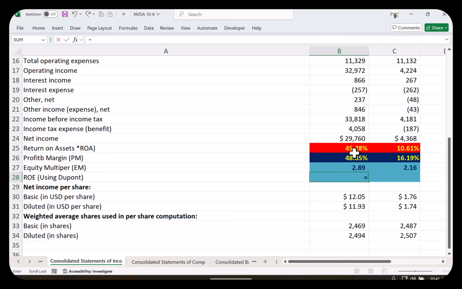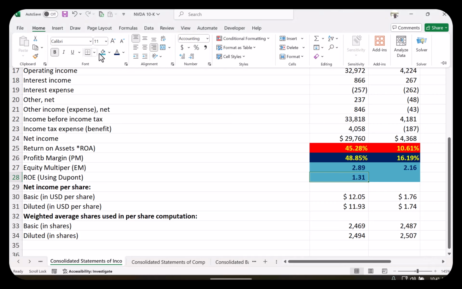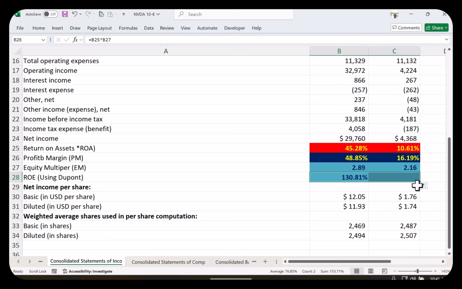I'm going to take the return on assets multiplied with EM. That 130% is a huge number. That's why NVIDIA went from $500 billion to $3 trillion in a matter of 2 years, because they're making a lot of money. The issue is whether or not they'll continue that, but that's a separate discussion.